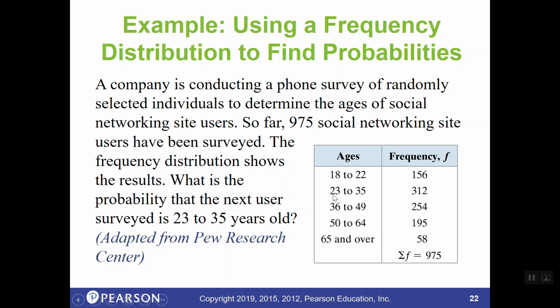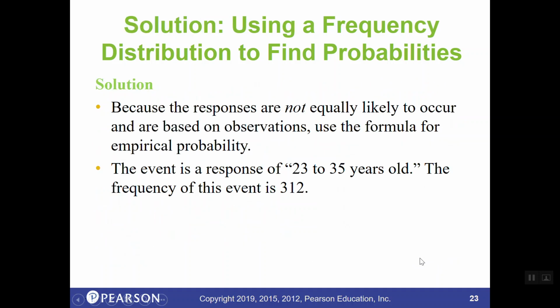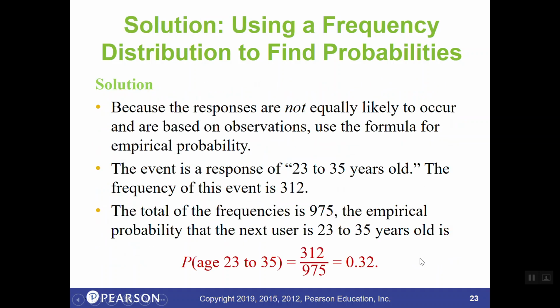So here it says, what is the probability that the next user surveyed is between the ages of 23 to 35 years old? If you look in here, that's 312, and the total or the sum of all the frequencies is 975. So the total of the frequencies is 975. That's what I just said.